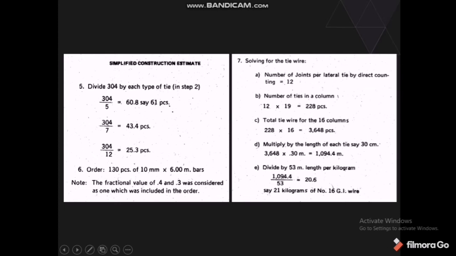Then multiply by the length of each tie wire, say 30 centimeter. So 3,648 pieces times 0.30 meters, and that is equal to 1,094.4 meters. And then divide by 53 meter length per kilogram. So the result is 20.6. By rounding it up, it says 21 kilograms of number 16 wire.